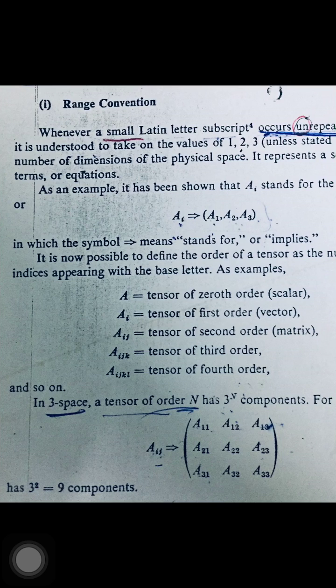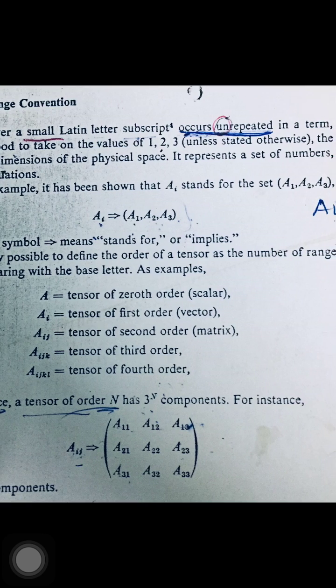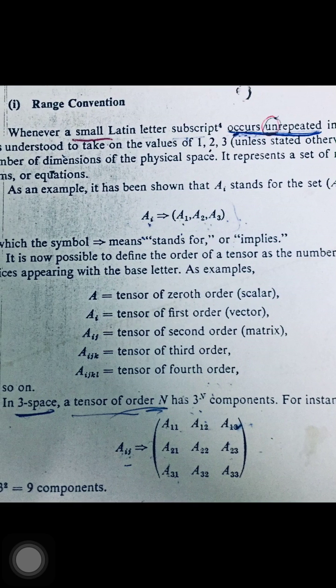In 3 space, a tensor of order n has 3 to the power n components. For instance, it's simple, we take the example Aij. Aij is expressed as a matrix. Aij in 3 dimensions: we have 3 dimensions and two indices i, j.